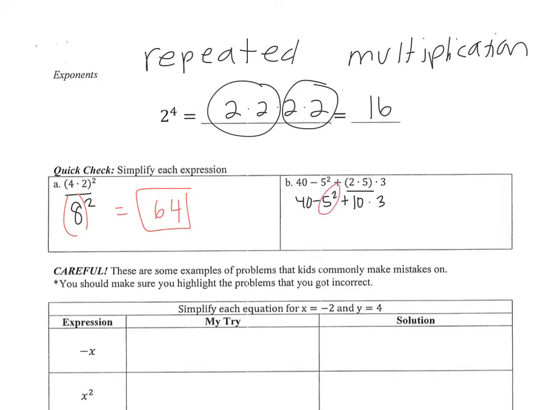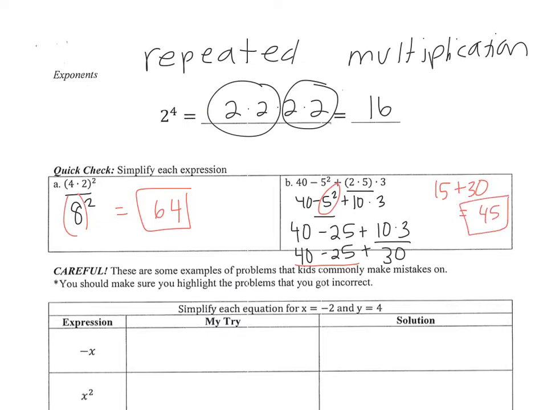So 5 squared is 25: 40 minus 25 plus 10 times 3. So I have to do 10 times 3 is 30. So it's 40 minus 25 plus 30. So 40 minus 25 is 15 plus 30. So this is going to be 45.